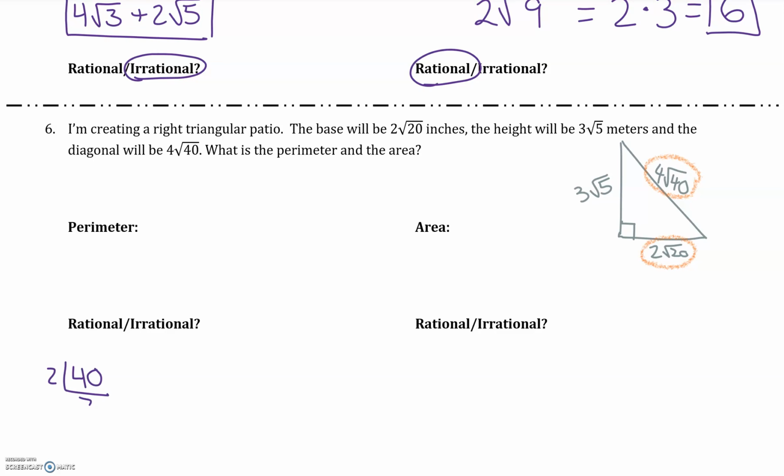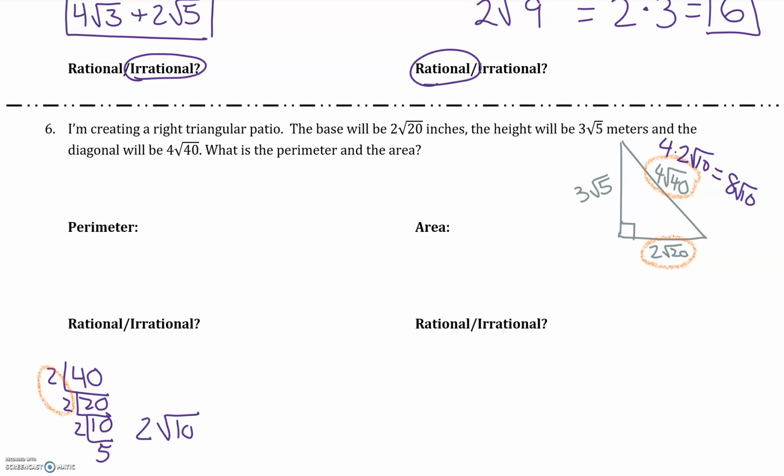So this would be 2 and 20, 2 and 10, 2 and 5. So that means we had a pair of 2's, and then the 2 and the 5 left over give us a 10. So I've got 2 square roots of 10 in place of that square root 40. So 4 times 2 square root 10 is 8 square roots of 10.